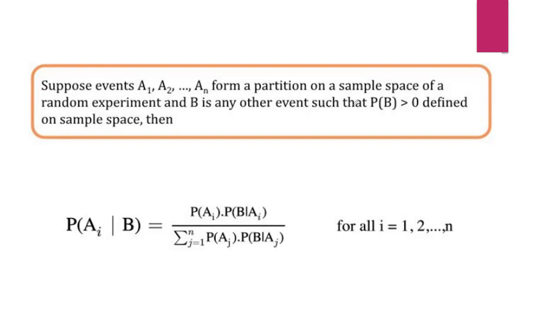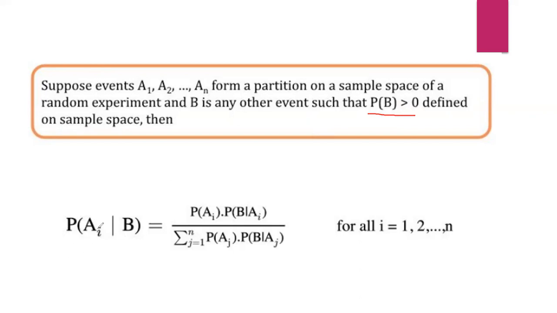And there is one condition: probability of B is greater than 0. Because we have already discussed that probability lies from 0 to 1, and both 0 and 1 are inclusive. So here you need to remember that probability of B is greater than 0.